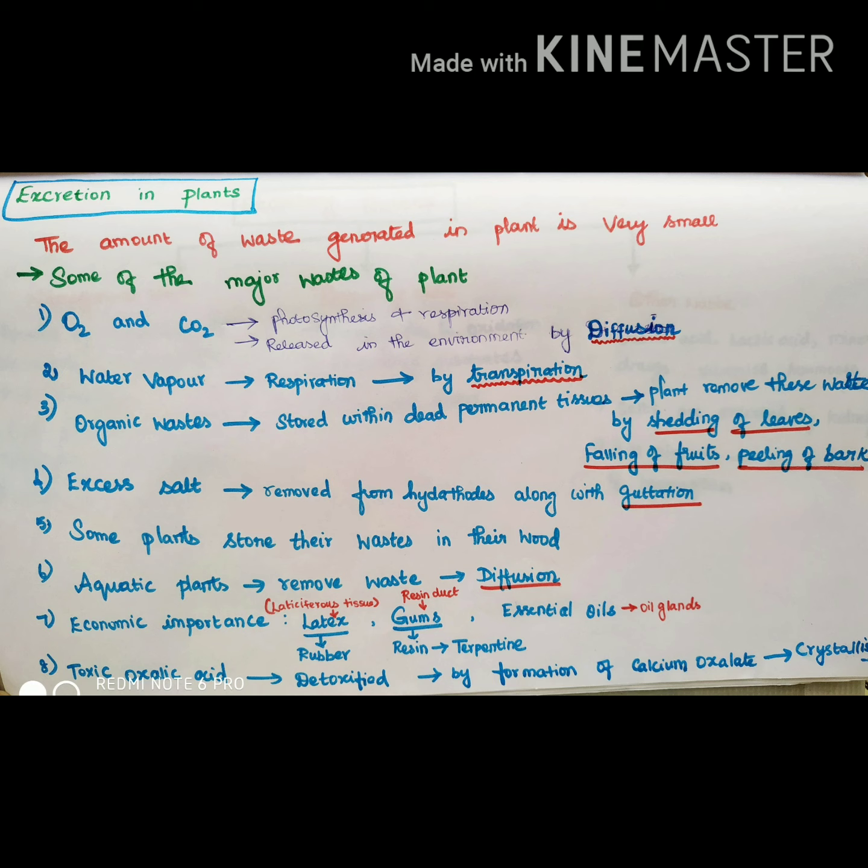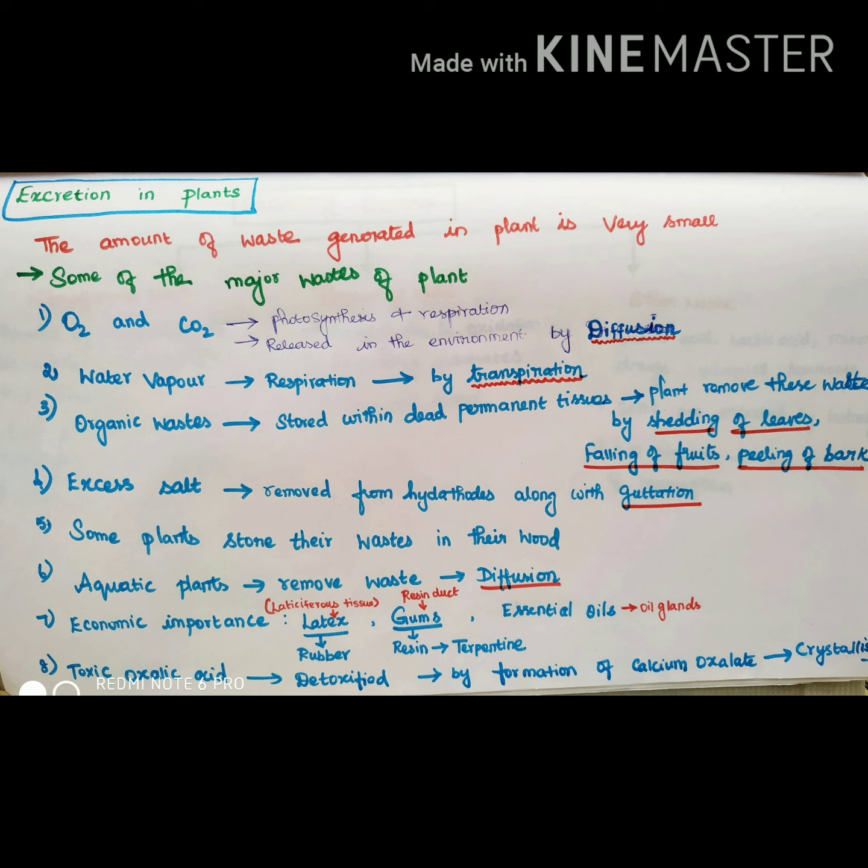So oxygen and carbon dioxide are released as waste products into the environment by the process called diffusion. That is a very major part of the waste generated by the plant. So number 1 is oxygen and carbon dioxide, by photosynthesis and respiration respectively, released into the environment by diffusion.